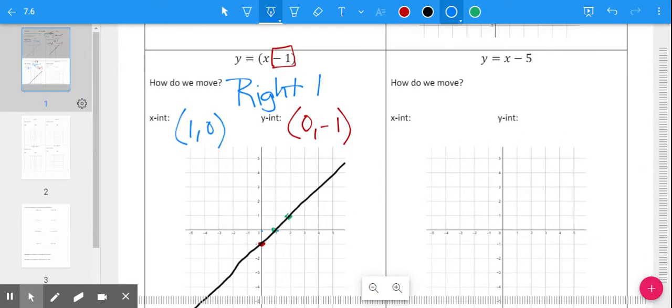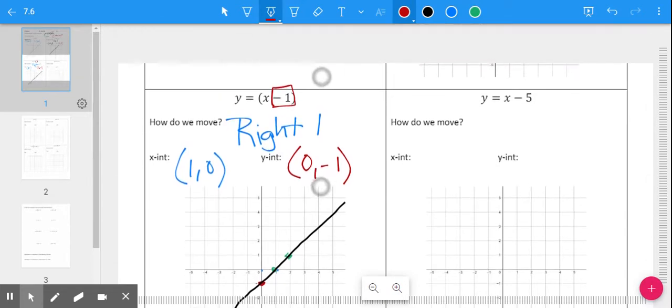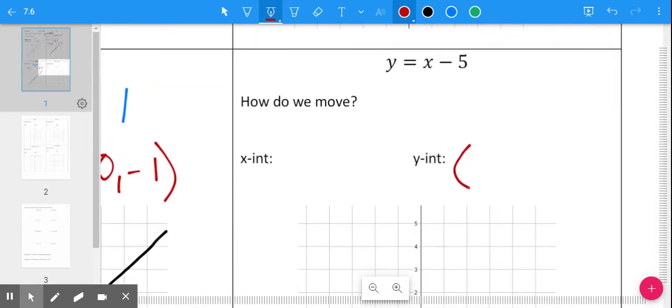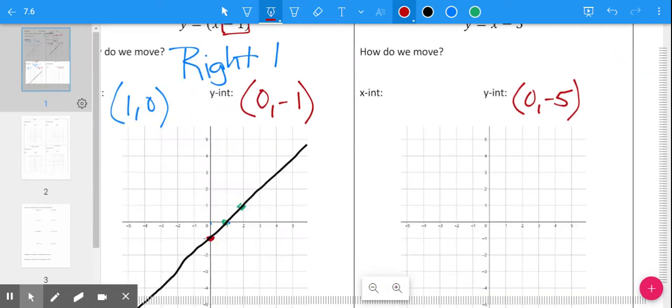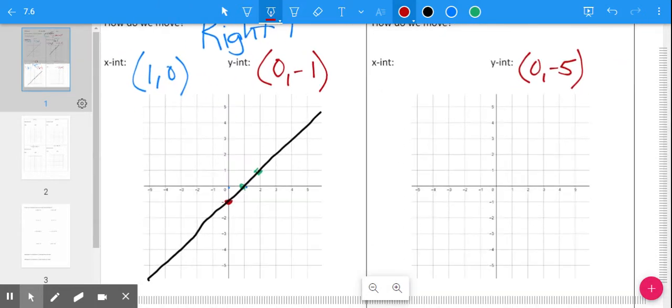So this one is outside of the parentheses, this fourth one. So our y-intercept is (0, -5). We still have a slope of 1, so rise 1, run 1.